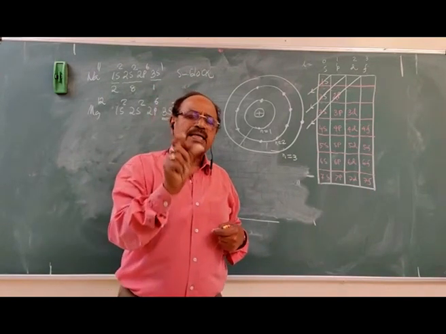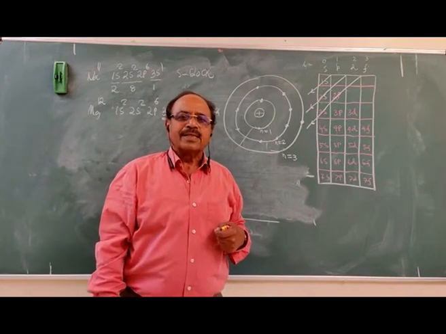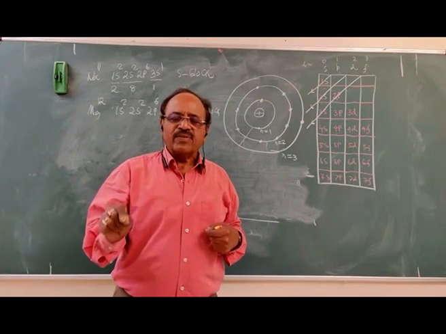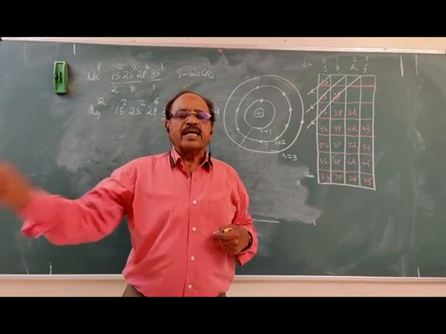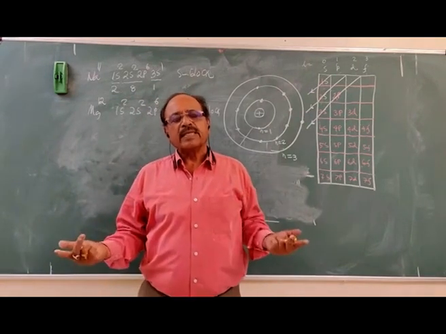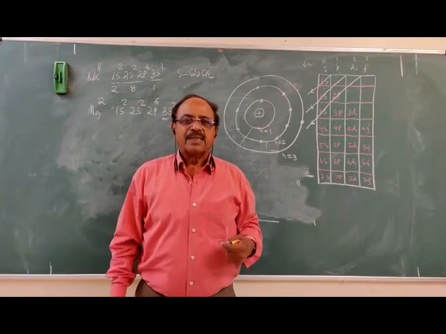You are using the adjective normal before a noun, normal temperature. It means the temperature, what it should be. When I have 98.4 degree Fahrenheit, it means my temperature is normal.